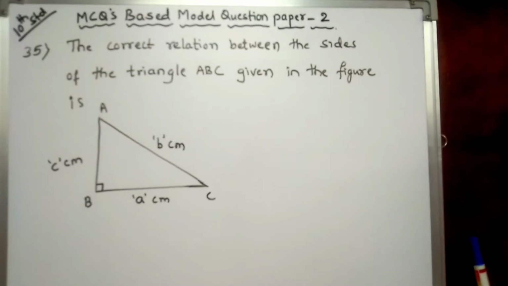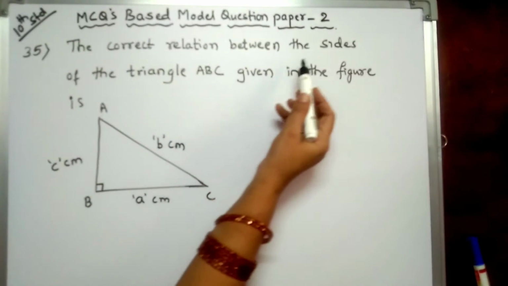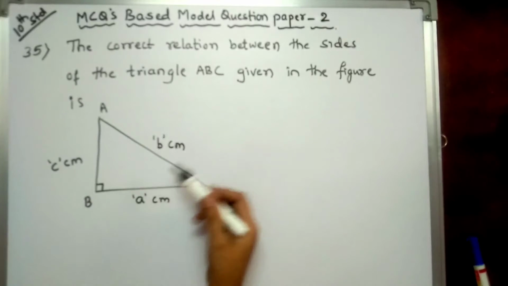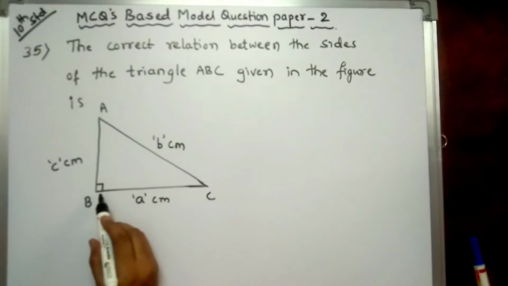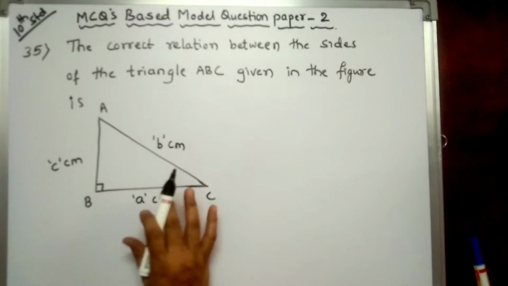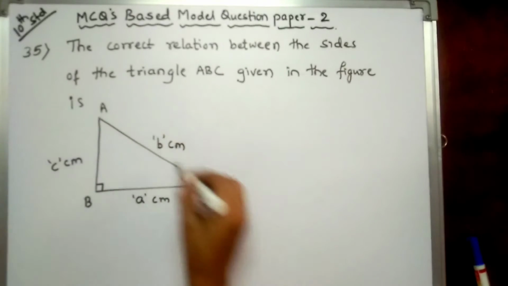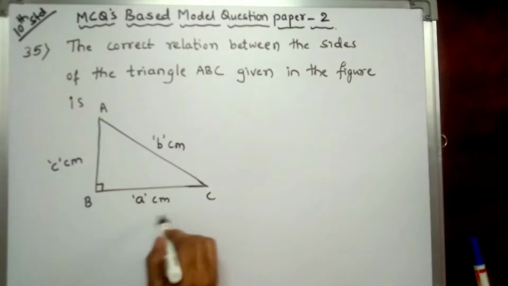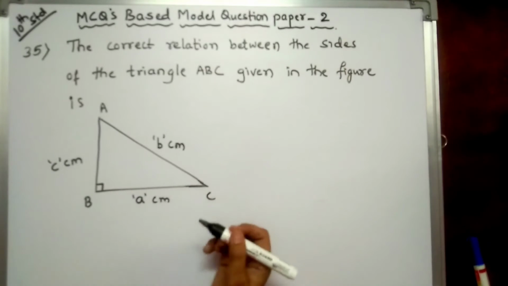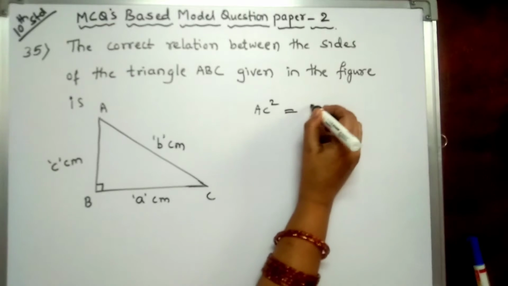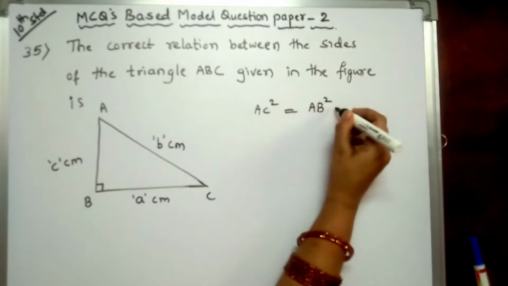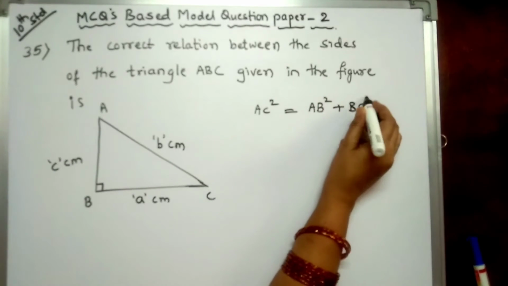Question number 35. The correct relation between the sides of the triangle ABC given in the figure. Here in triangle ABC, B is 90 degree, so it is a right angle triangle, in which AC is the hypotenuse. Using Pythagoras theorem, AC square is equal to AB square plus BC square.